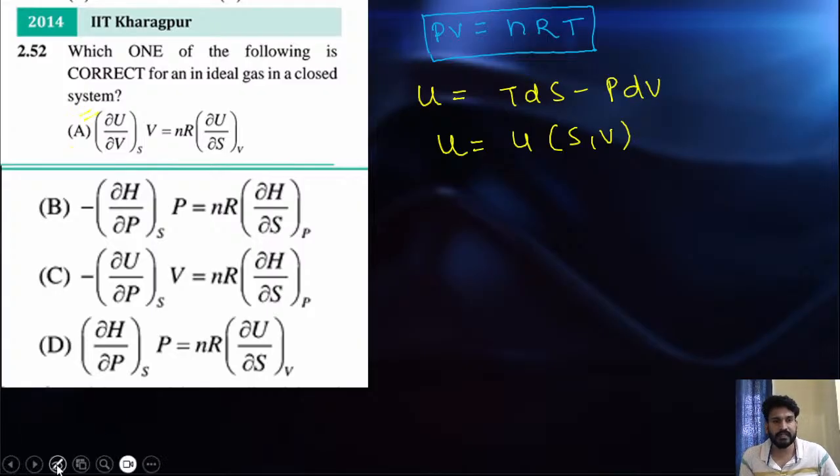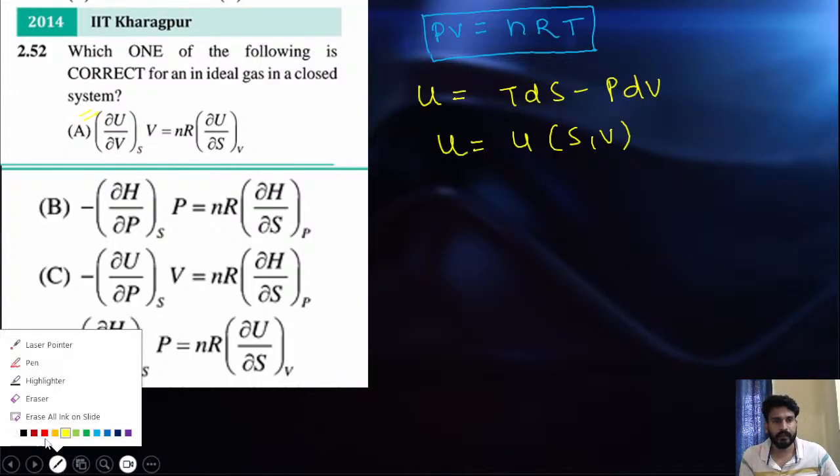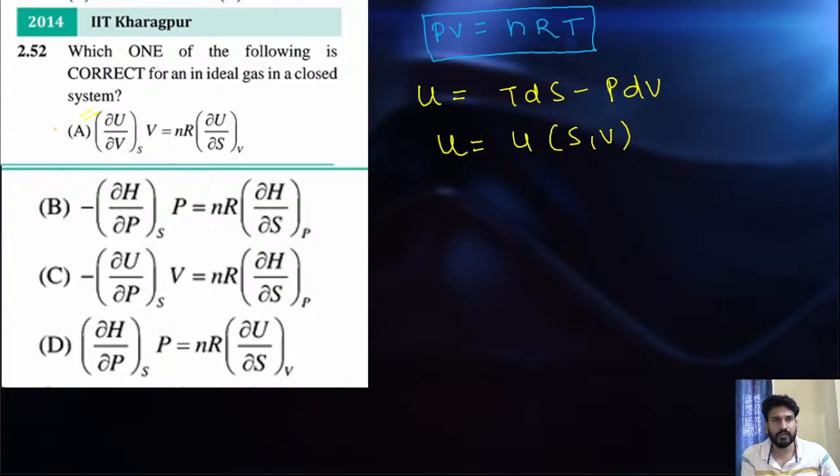So my equation is according to option A, −P and V equals nR.